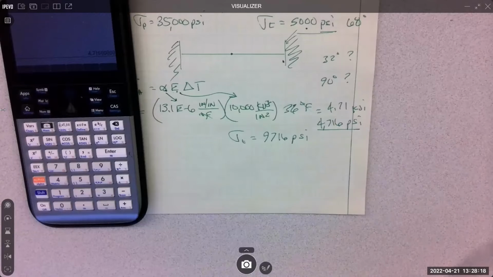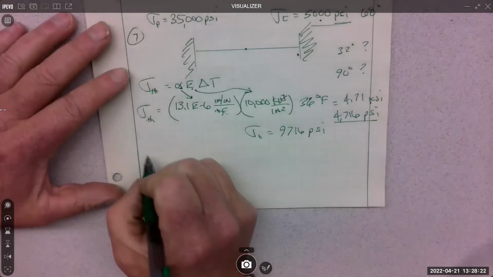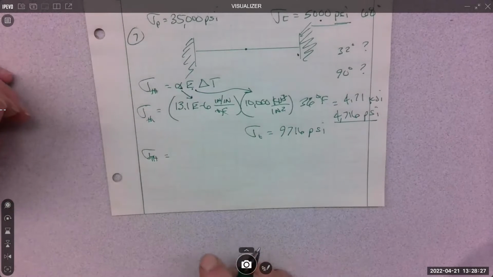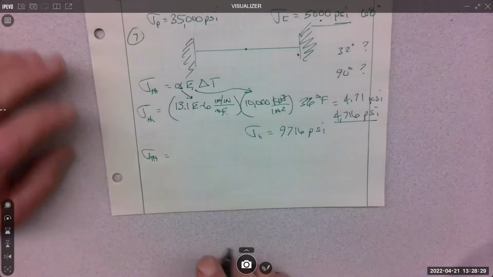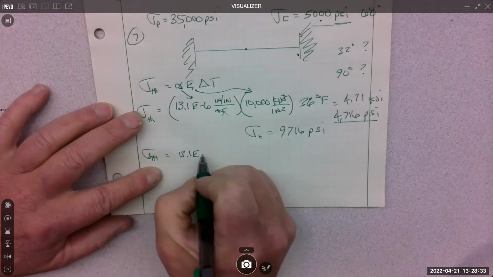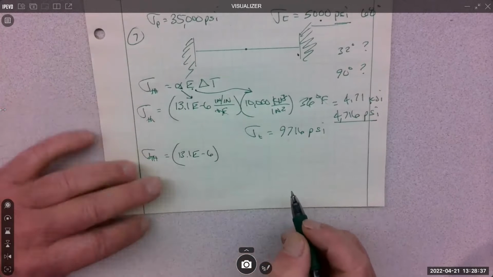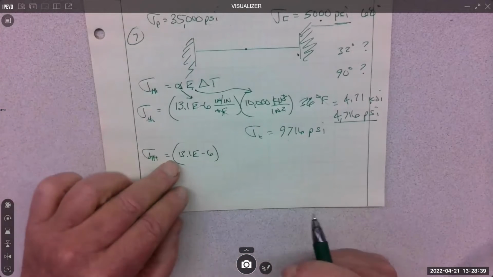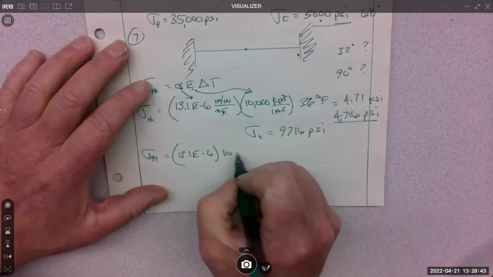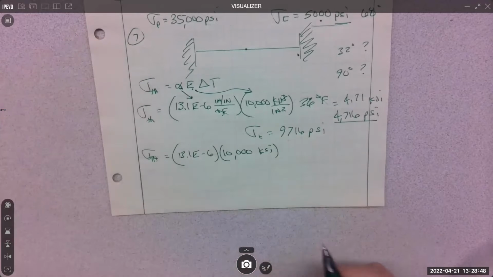So in that case, we have the same kind of numbers. It's going to be this 13.1 E to the minus 6. I'm not going to write the units this time. 10,000 KSI for the E value.